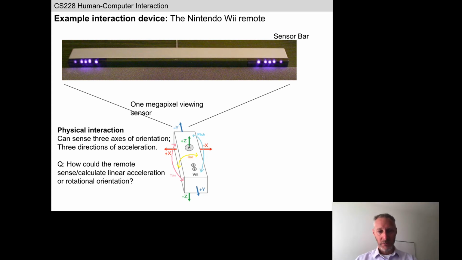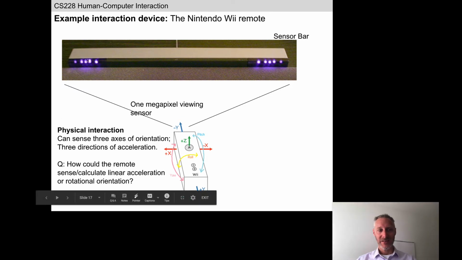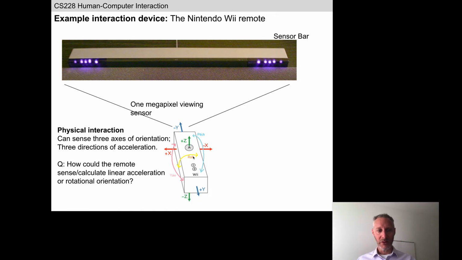Inside this remote, there is a camera which can see the two clusters of sensors at either end of the sensor bar. And there is also an accelerometer inside this device, which senses motion or rotation of the device.